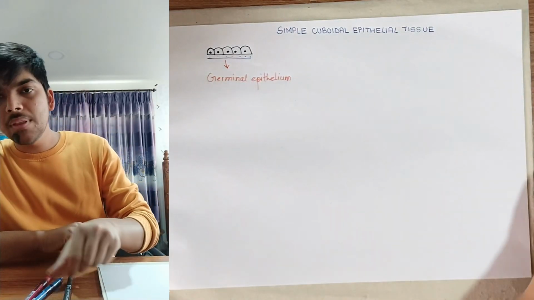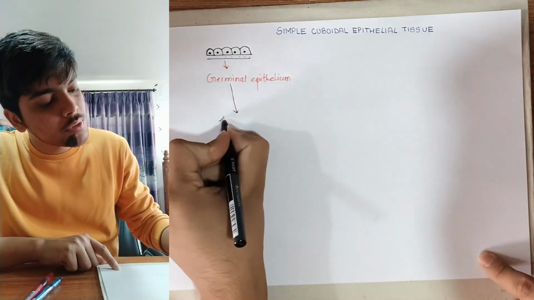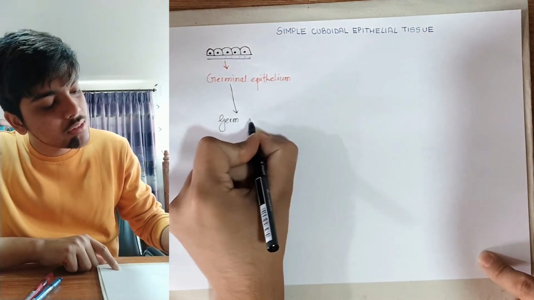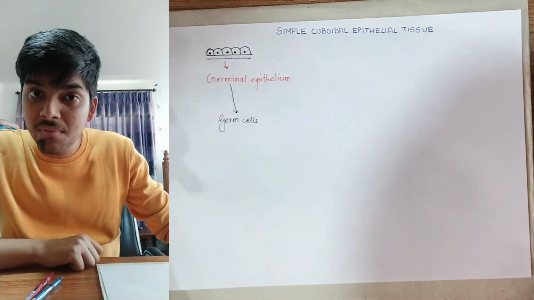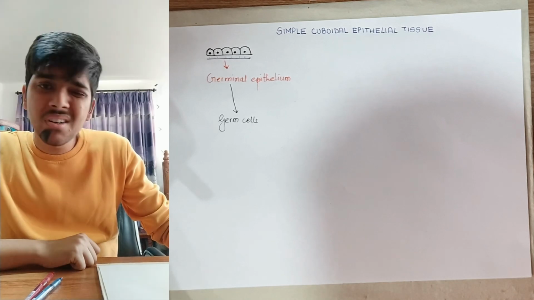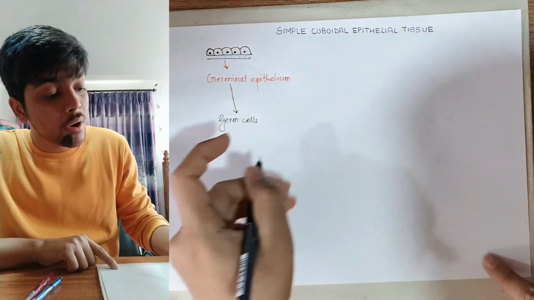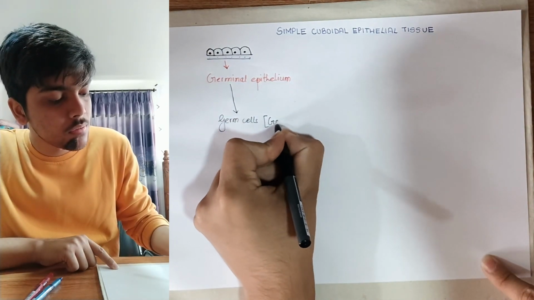Germinal epithelium is that epithelium that gives rise to germ cells. I definitely have not made myself much clearer. So what are germ cells? Germ cells are nothing but gametes.